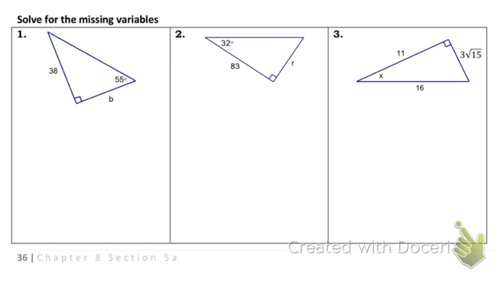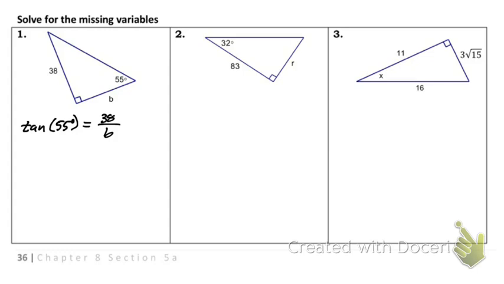So number 1, we should set up something that looks like tangent of 55 degrees would equal opposite, which would be 38, over B. So we would multiply both sides by B. Now remember, I said a nice shortcut with this one is you can always just flip these two. This will change place with this one.